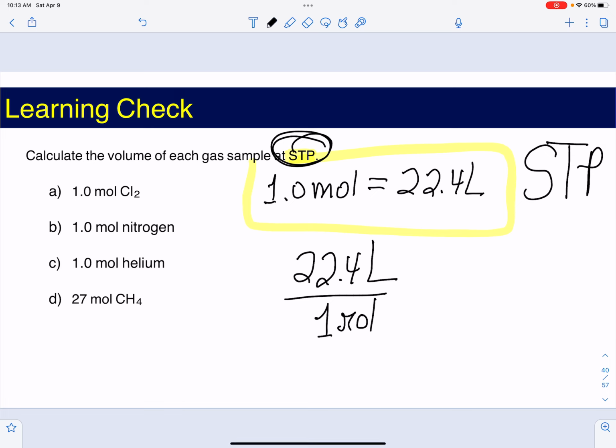But what if we have 27 moles of methane, for example? Well, methane is not important at all. At STP conditions, we don't care about what gas we're talking about. We only know that 1 mole of any gas is always 22.4 liters.